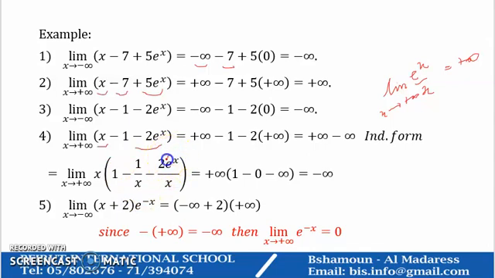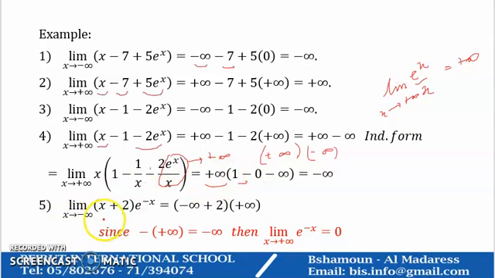So 2e^x over x gives us plus infinity using this rule. So I obtain a plus infinity times 1. Of course, 1 over infinity gives 0. So the final form is plus infinity times negative infinity. We obtain what? Negative infinity.